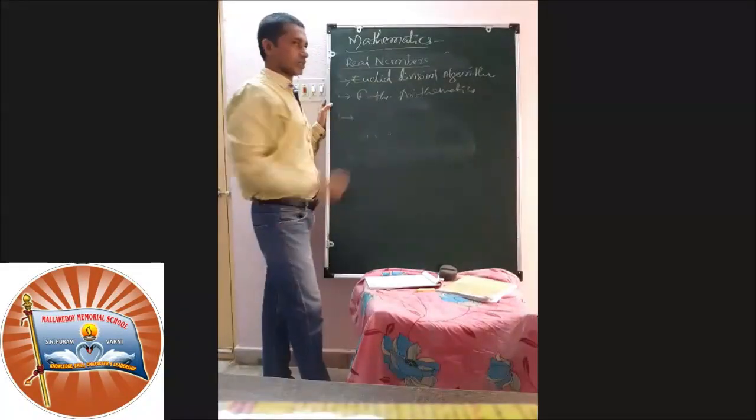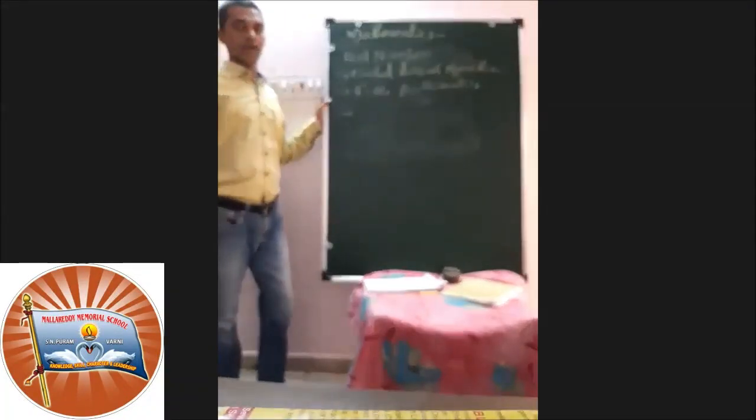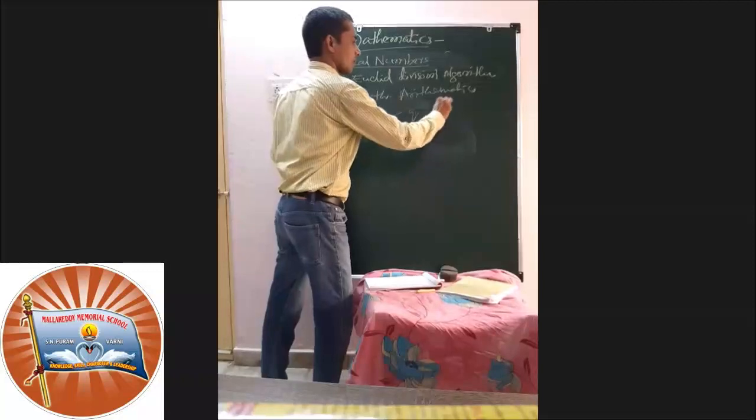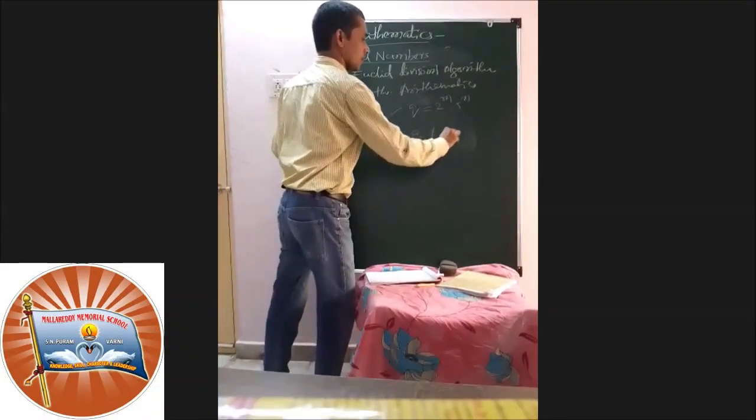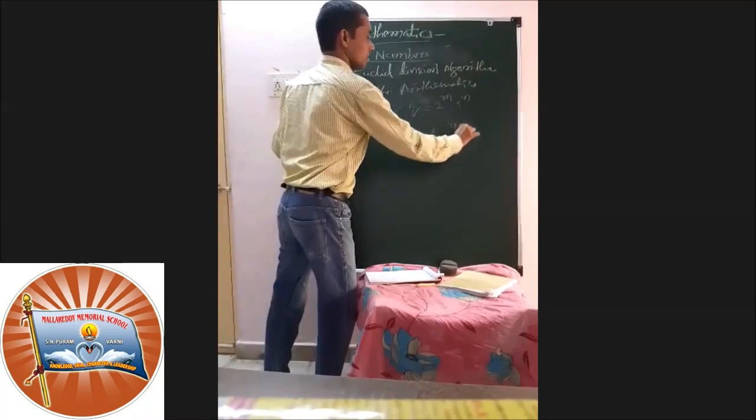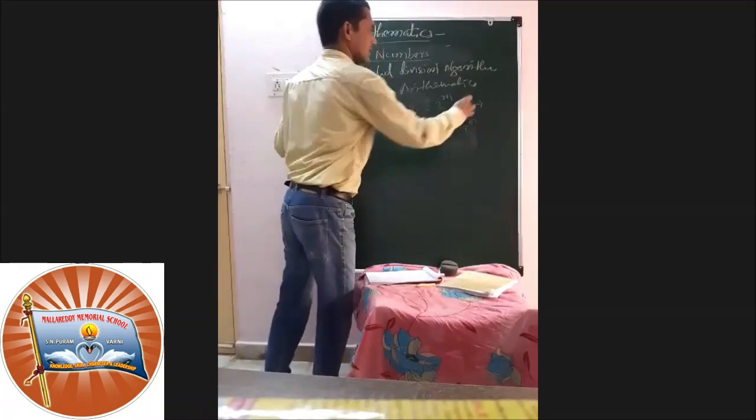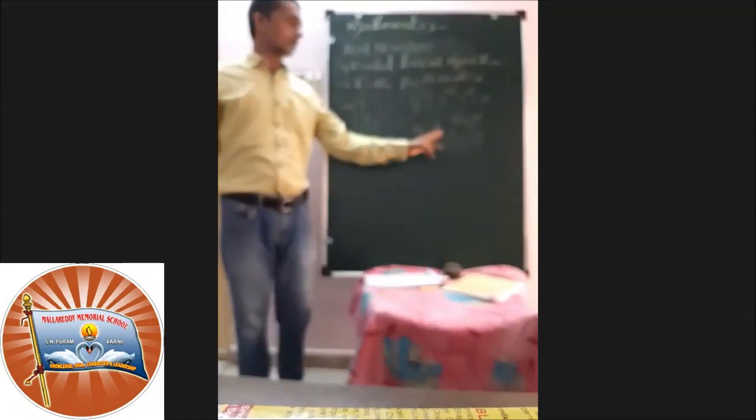Then one more thing: if a number is in the form of p by q, whether it is terminating or non-terminating, we decide based on q. If q is in the form of 2 power m 5 power n, then it is a terminating decimal. If q is not in the form of 2 power m and 5 power n, then it is a non-terminating decimal.